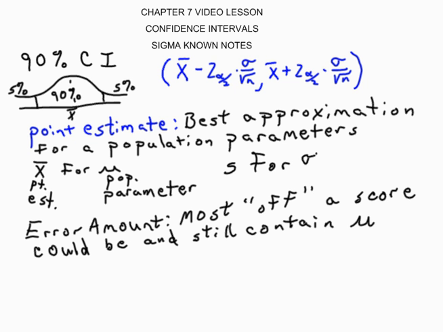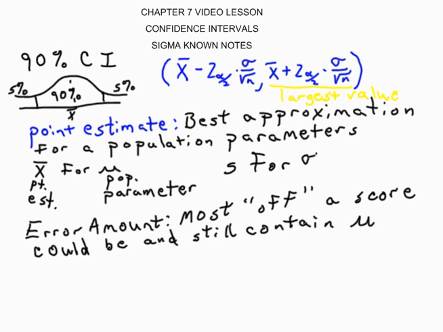The end of a confidence interval is the largest value you can get and still be in the interval.